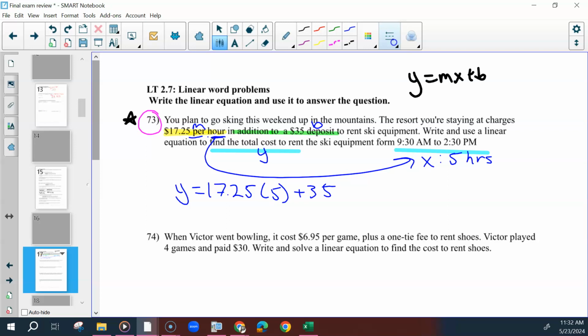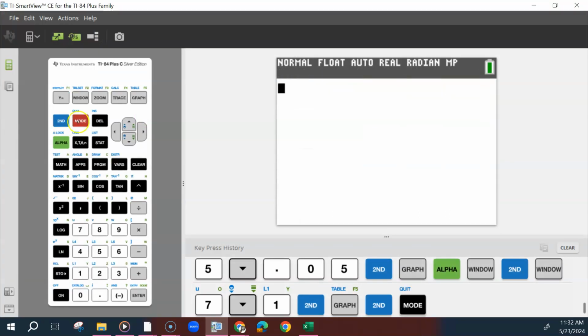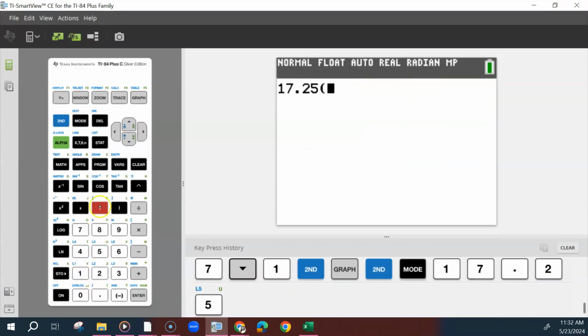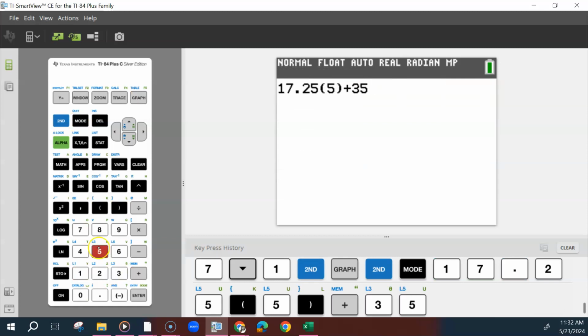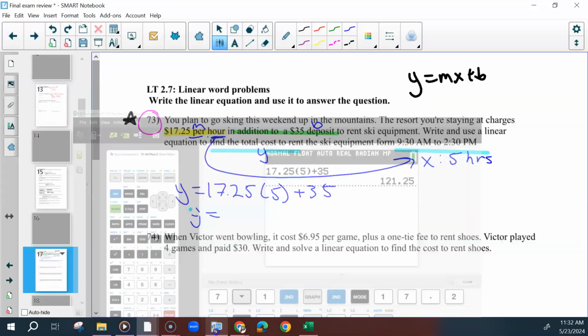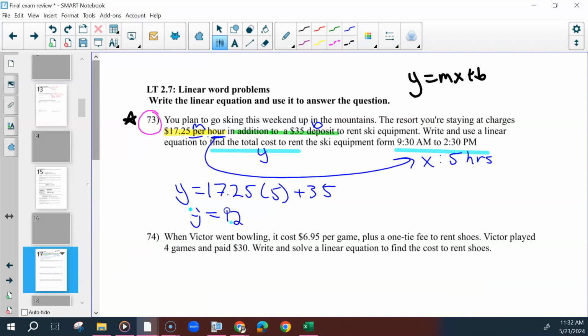Then you could put that all in your phone. And because we're looking for total cost, our unit of measurement would be in dollars.